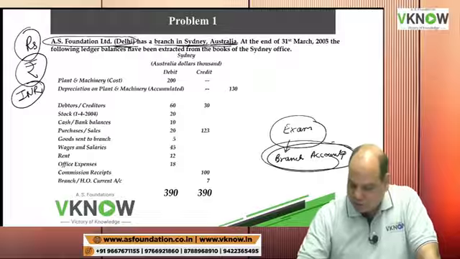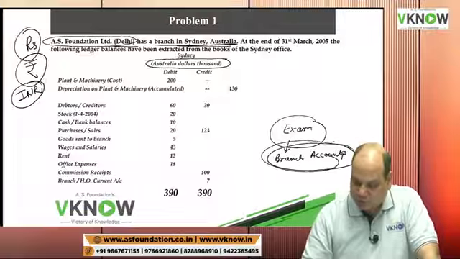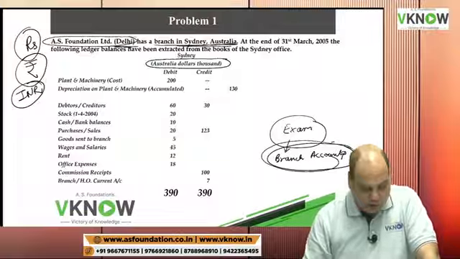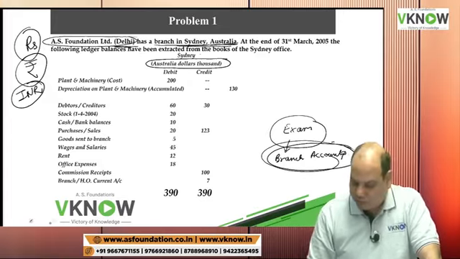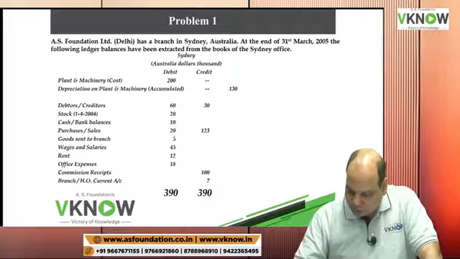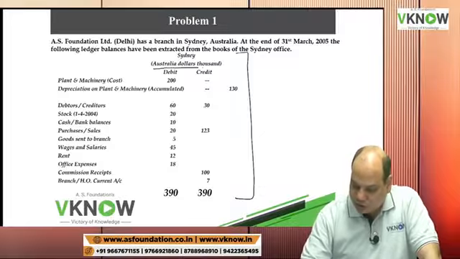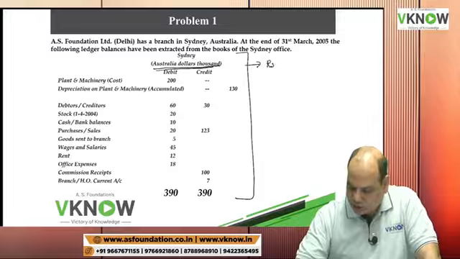And the currency of Australia is the Australian dollar. At the end of 31st March 2005, the following ledger balances have been extracted from the books of the Sydney office. So this is the trial balance of the foreign branch, in Australian dollars. We will have to convert it into Indian rupees.